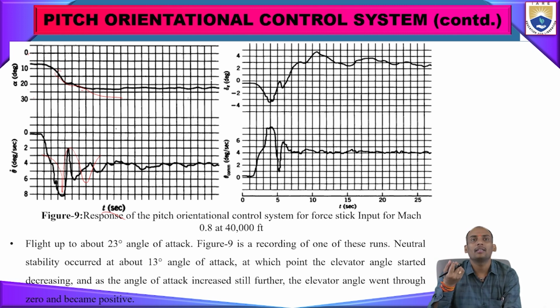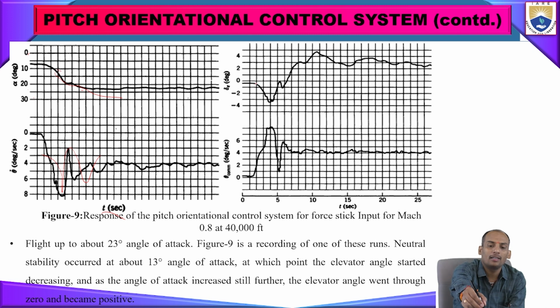So the elevator angle, that theta dot, is decreasing. As the angle of attack is increased still further, the elevator angle went through 0 and becomes positive. When you see here, the elevator angle delta is given. When alpha is stable, it is getting negative values, and after that it is getting positive values only.